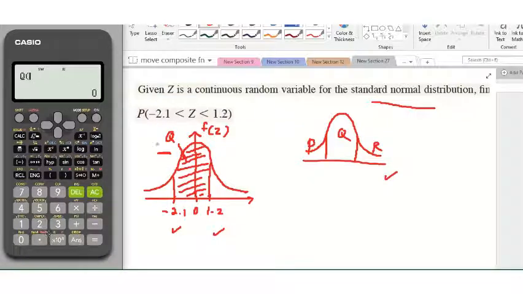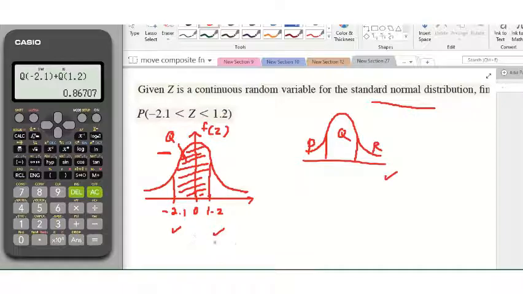Okay, we put the value of negative 2.1 first because the question is Z score between negative 2.1 and 1.2. Right here, negative 2.1, close bracket, plus. Okay, right here it is between, so we use the plus button and we do the Q again. It is shift statistic, go to distribution and choose Q. Okay, it will show you one more Q. And then we put number 1.2, close bracket and equal.